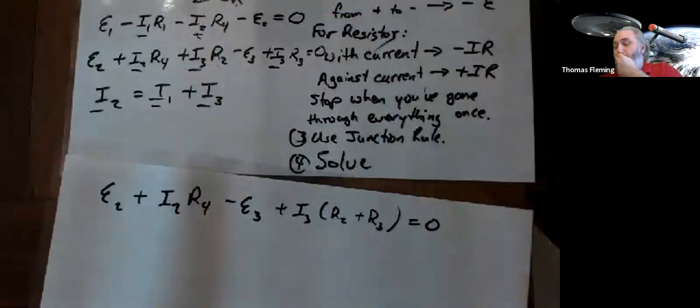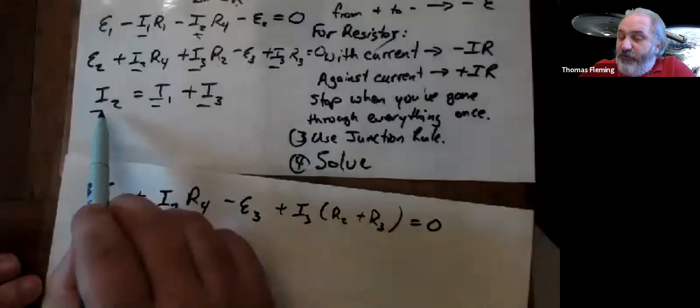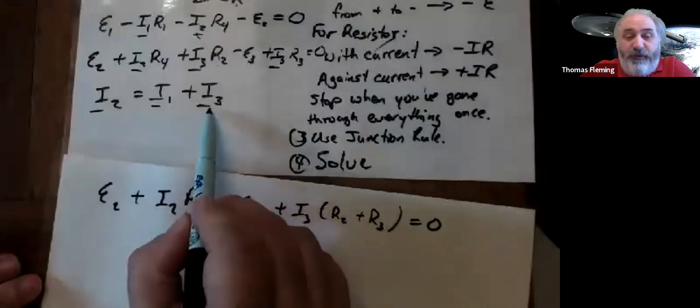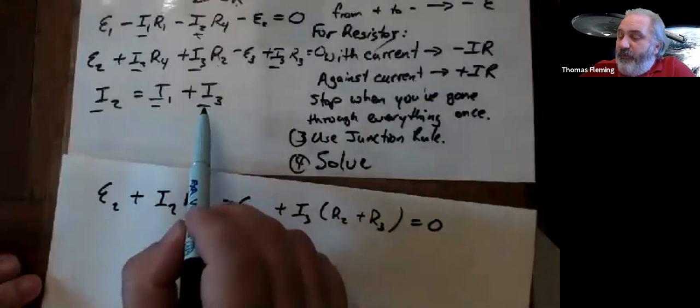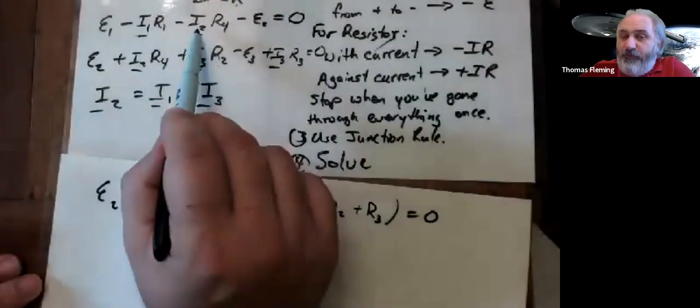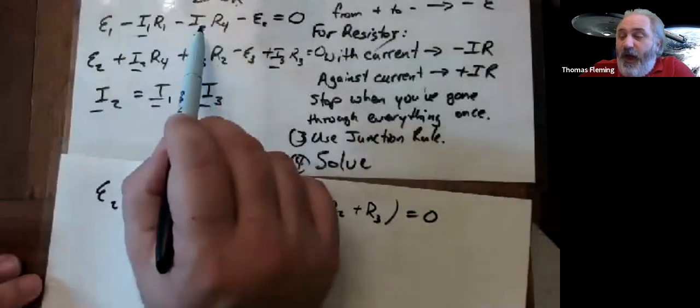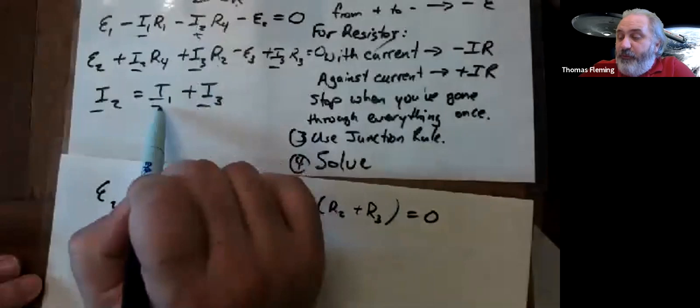However, what I can do is, what if I take this equation, and here I notice that according to this third equation, I2 is equal to I1 plus I3. So what if I did this? What if I replaced the I2 in this first equation? I2 no longer appears. I'd be replacing I2 with I1, which we already had in that equation.